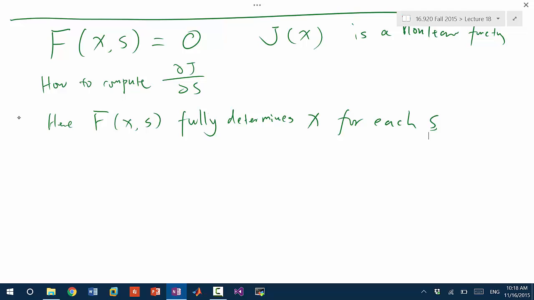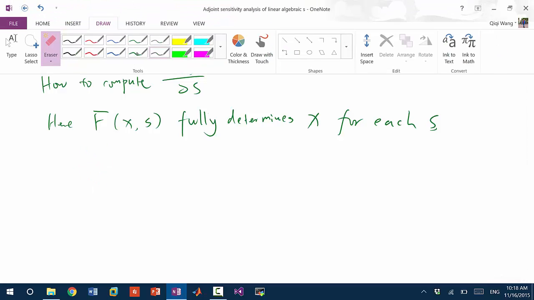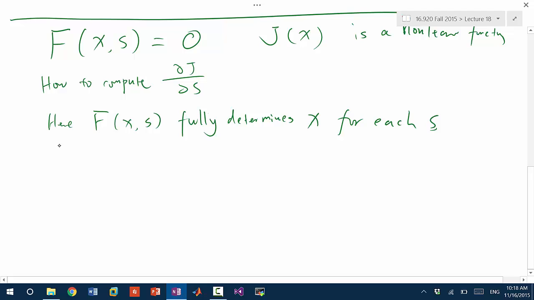So the implicit function theorem says that if partial f, partial x is a non-singular square matrix, that implies X is determined.